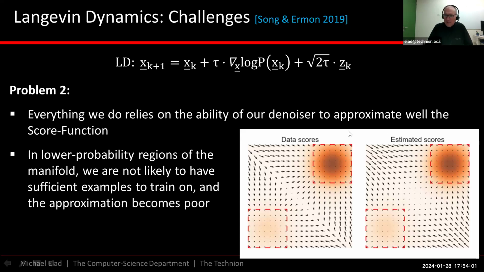This is exactly what happened here in this demonstration in 2D. This is a case of 2D where the probability density function P of X is basically a mixture of two Gaussians, a strong Gaussian here and a weak Gaussian here. What you see in the arrows is the actual true score function. These are the directions you have to go in order to converge to the peak here and to the peak here.